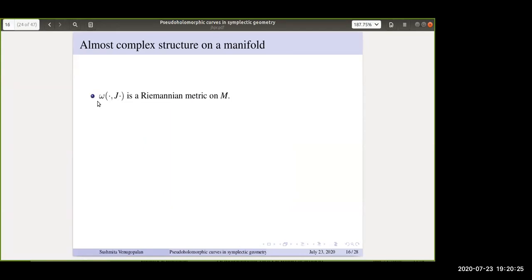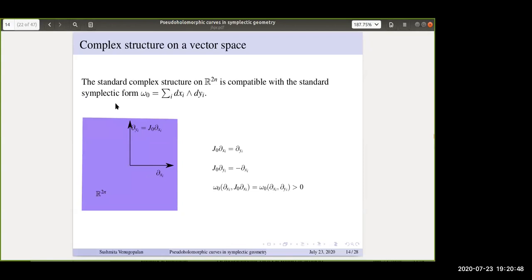What happens all of a sudden is you started out with a symplectic manifold which didn't have any local invariants, and if you choose a J, then suddenly your manifold becomes a Riemannian manifold, because omega and J taken together form a Riemannian metric, as we pointed out earlier in the case of vector spaces.